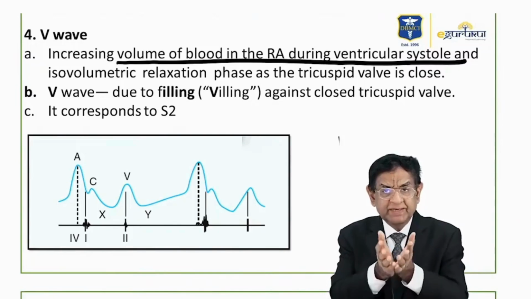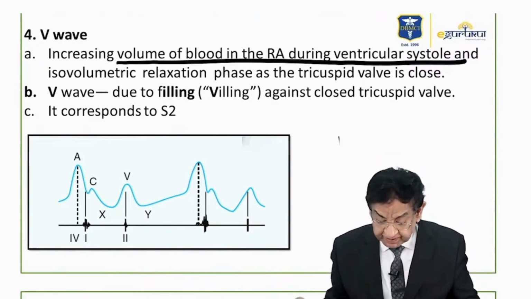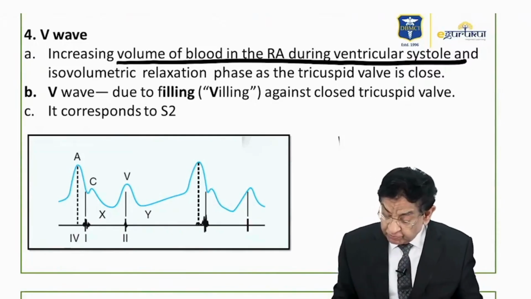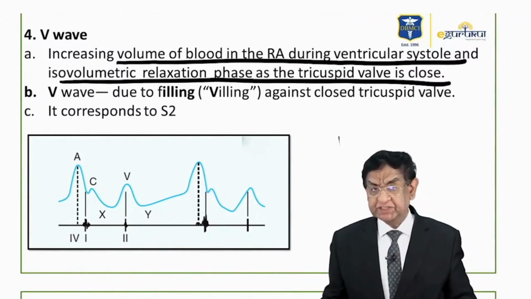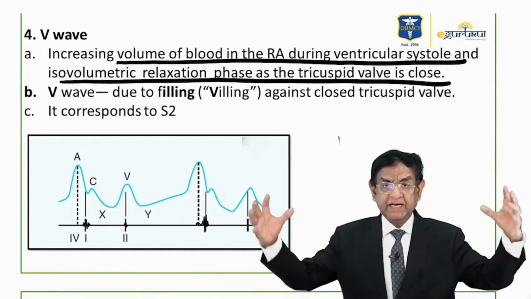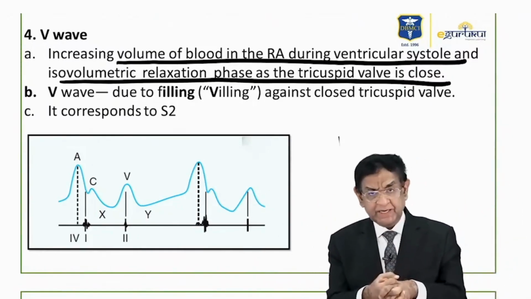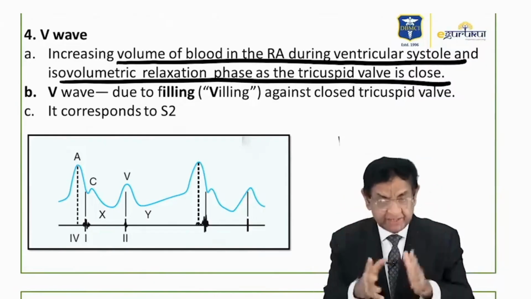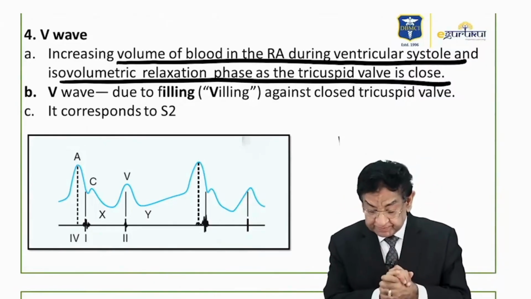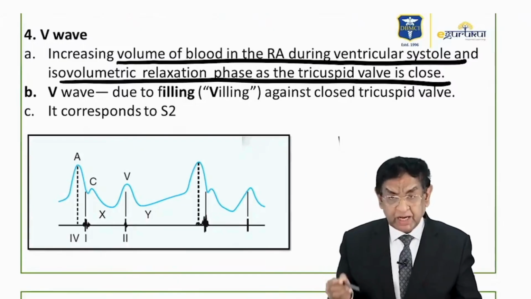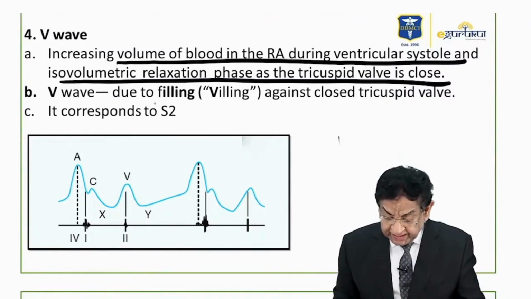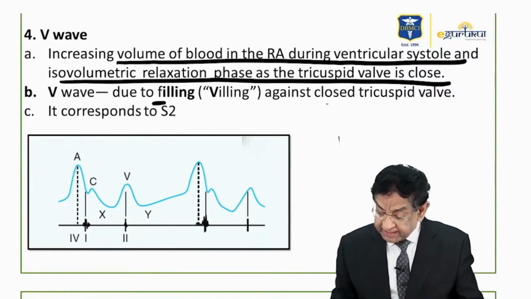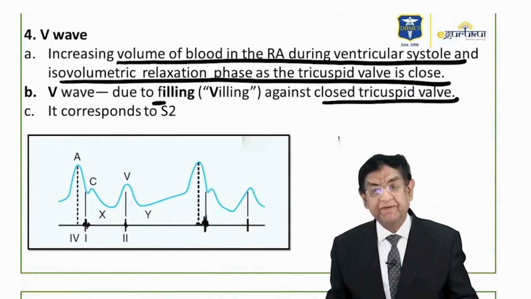More and more blood will generate the V wave. And of course in the isovolumetric relaxation phase, the tricuspid valve is closed. That again contributes to more and more blood in the atria, which produces V wave. So in the most simplified version, it is due to filling against the closed tricuspid valve.